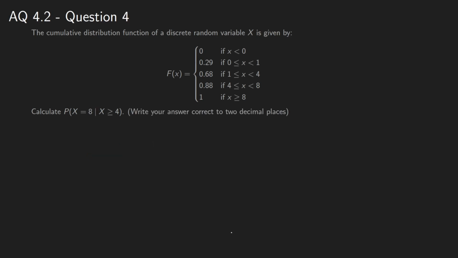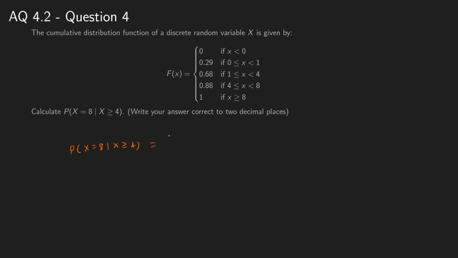The fourth question is also based on the same data, but here we have to calculate some conditional probability. So we have to calculate the probability that x will take value 8 given x has taken value greater than or equal to 4. As you know, this conditional probability can be written as the joint of both the events divided by the marginal probability of the event on which it is conditioned.